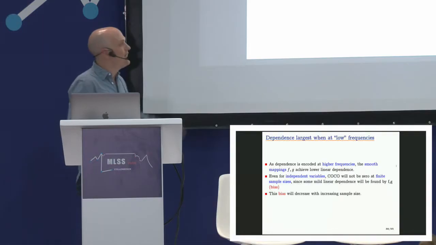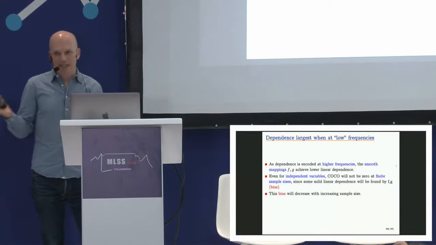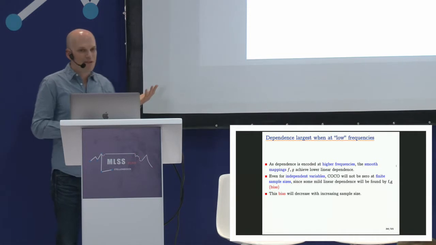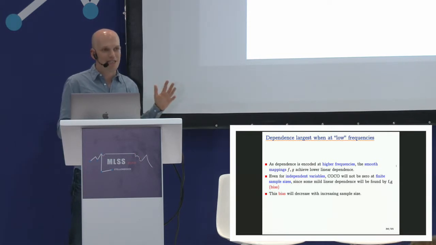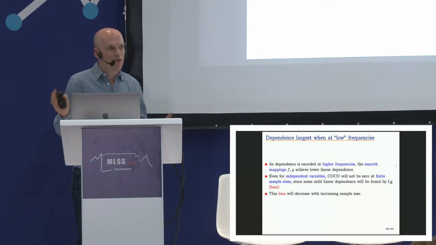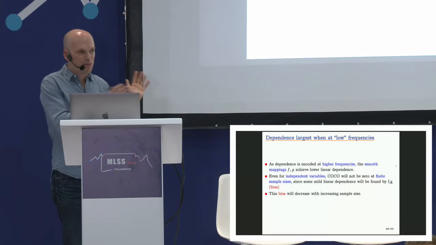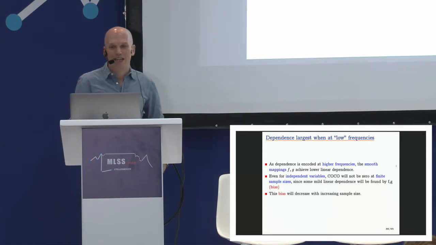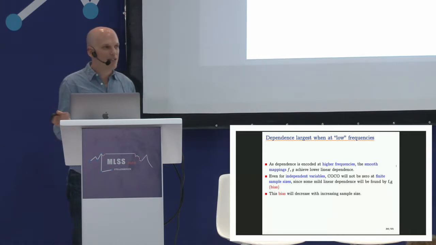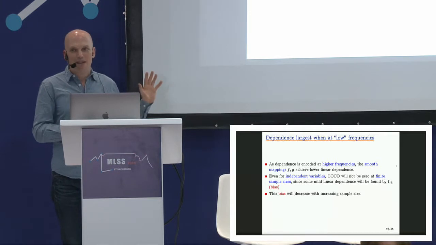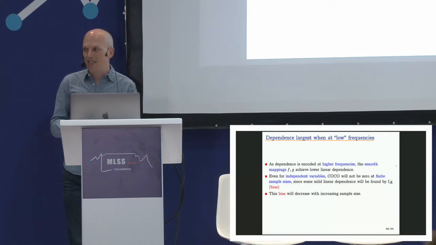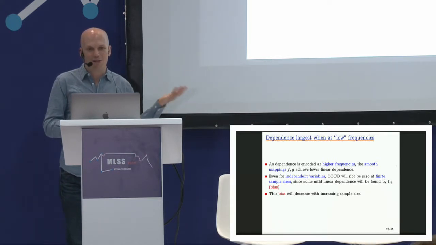So what we've seen is what is more dependent and less dependent according to Coco. Well, more dependent is that the dependence exists at low frequencies. So if X and Y are dependent and this dependence occurs at low frequencies, which is to say that smooth functions can easily reveal it, then my Coco is going to be big. If the dependence occurs at high frequencies, so smooth functions can't easily reveal it, then my Coco is going to be small.